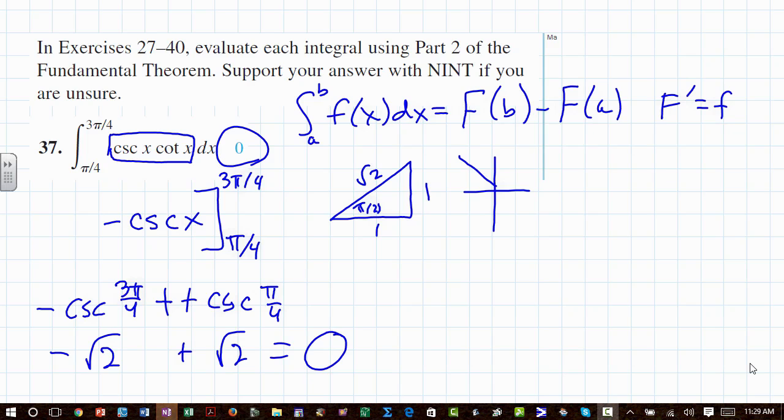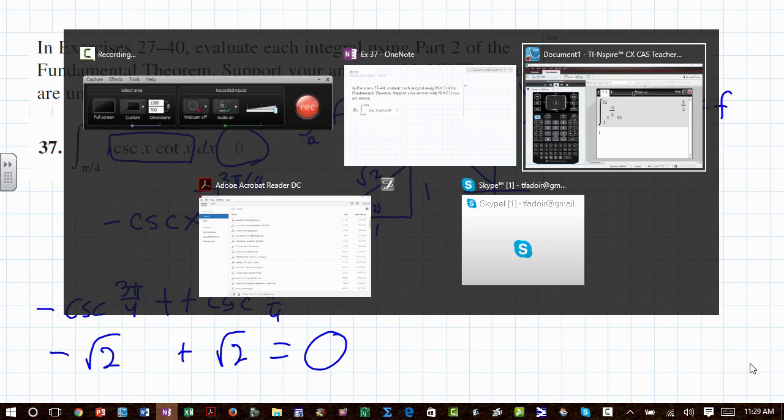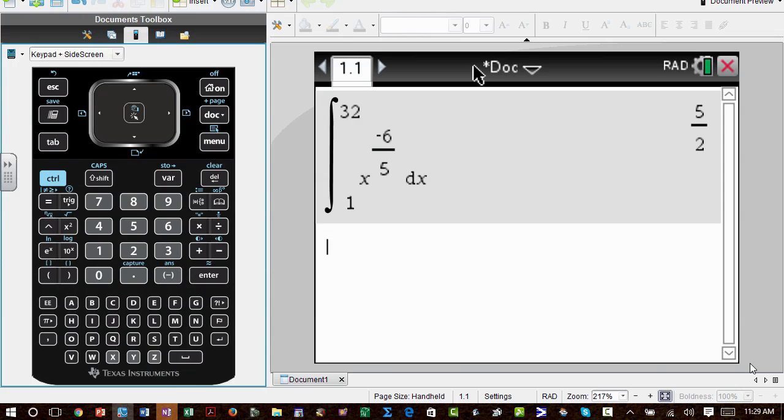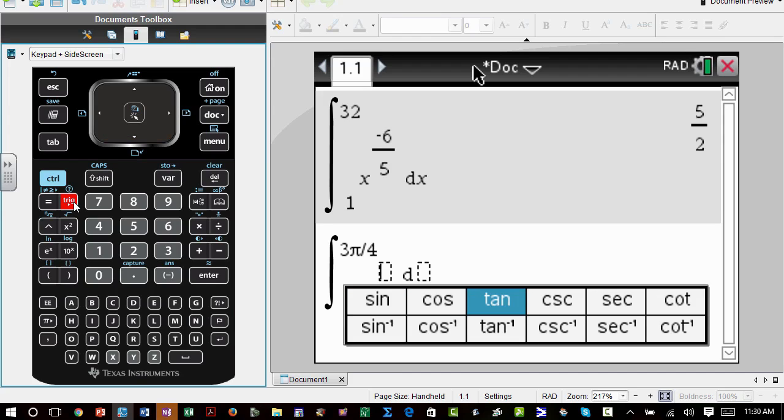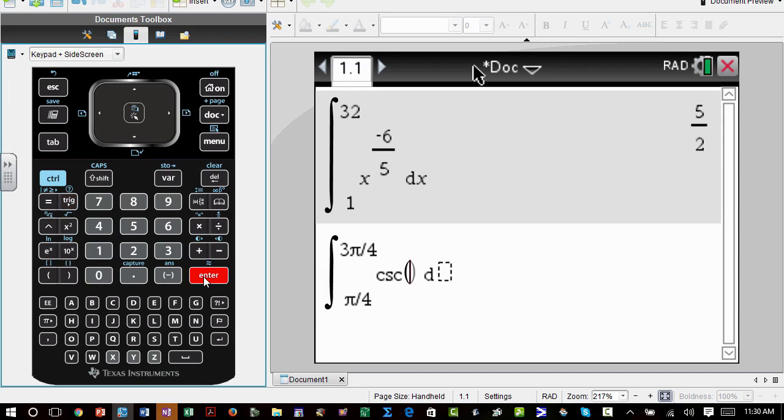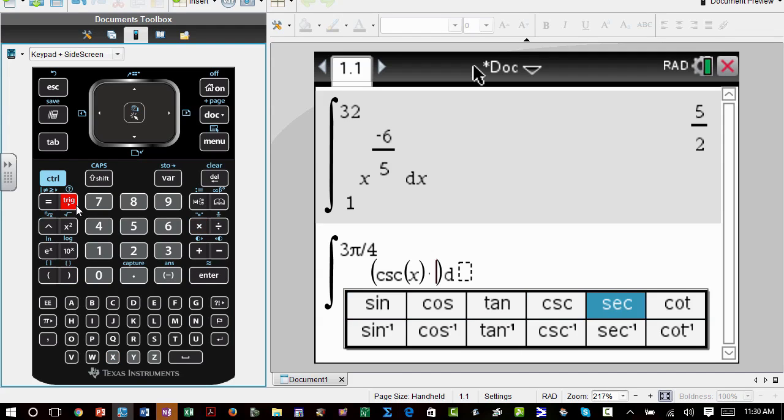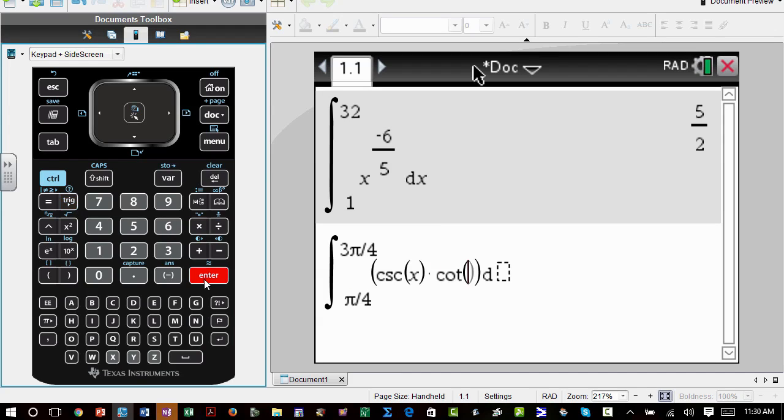But they also would like us to check using the calculator. So let's go over to the calculator. And we will put in shift plus from pi over 4, tab to get up there, to 3 pi over 4, down here, trig to get over to cosecant of x, close that, multiply that by cotangent of x, and then tab to get over.